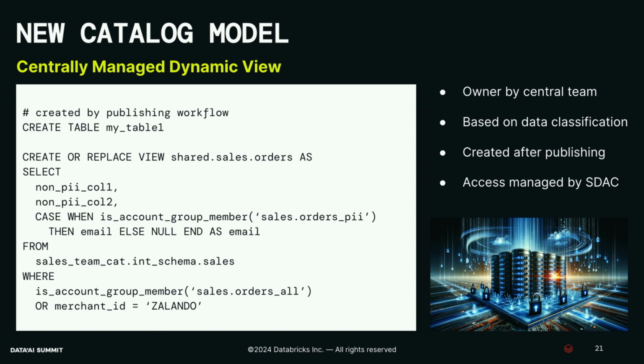We would generate these views behind the scenes. We own them, so we are the owner and grant access to them. And we have a publication workflow where people can say, I would like to share a certain table, and then the dynamic view is automatically generated, and people can use our central catalog to get access to it.